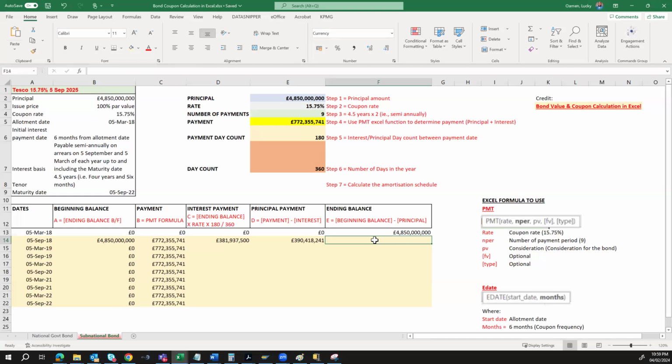So you bring in your beginning balance, which is your 4,850 minus the principal payment of 390. Okay. So this is outstanding as at the first payment date of 5th of September 2018.